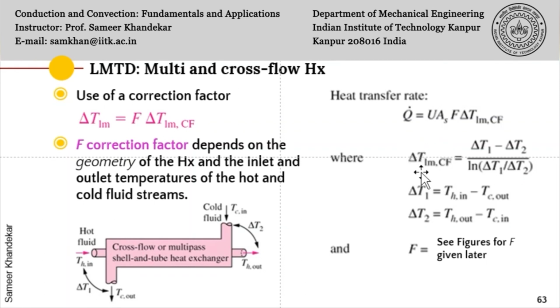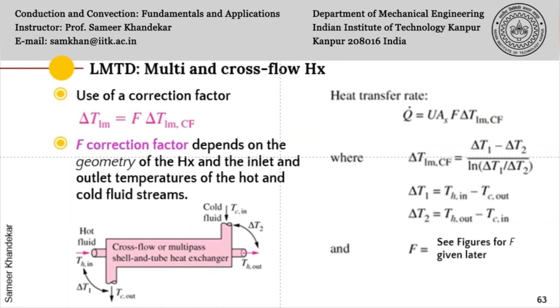The LMTD for counterflow, we know, is delta T1 minus delta T2 divided by ln of delta T1 by delta T2, where delta T1 and delta T2 are shown in this figure alongside. And where do you get the F from? We have to see some figures; some graphical solutions are available. So let us see them in the next slides.